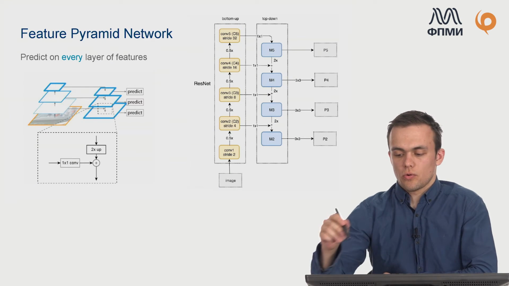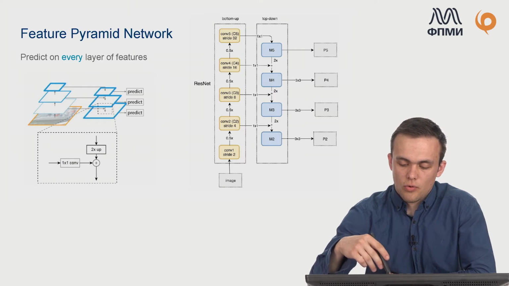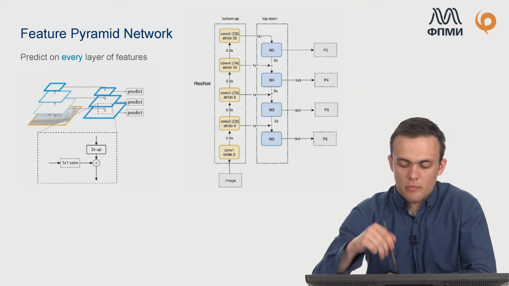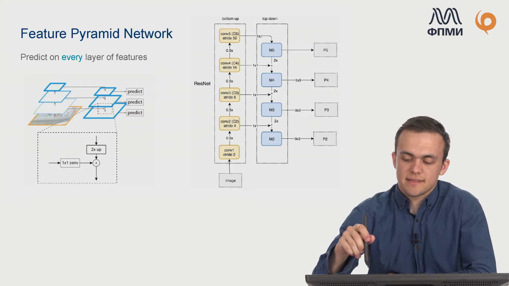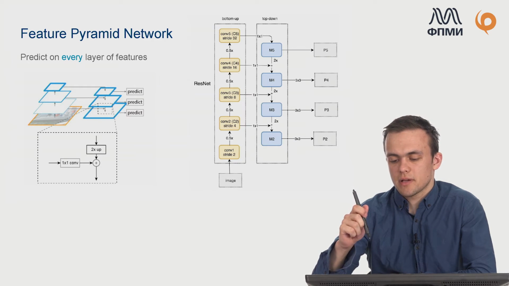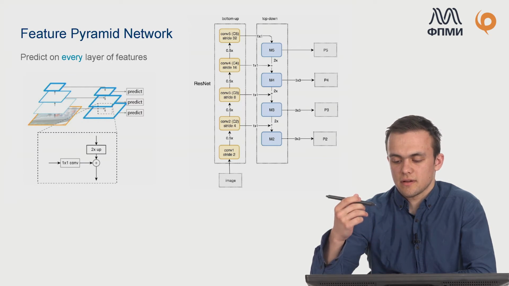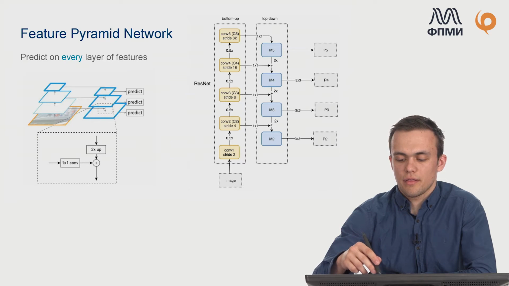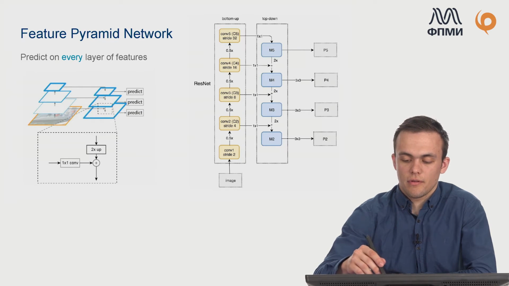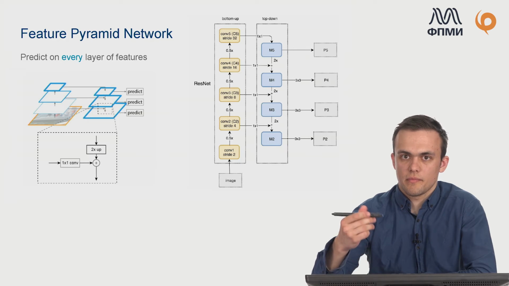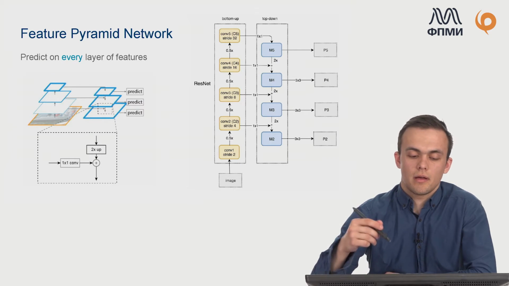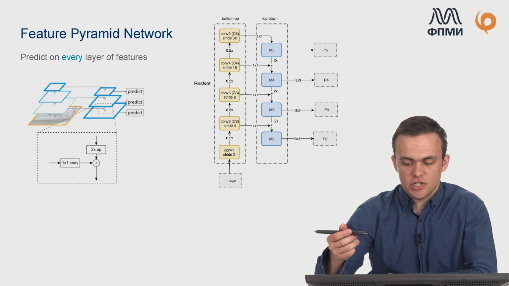Yeah, so here you can see how the model looks. It's a bit different from UNet because it doesn't concat the inner features from the convolutional network. It adds them just by element-wise addition.